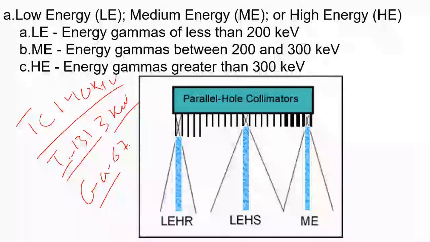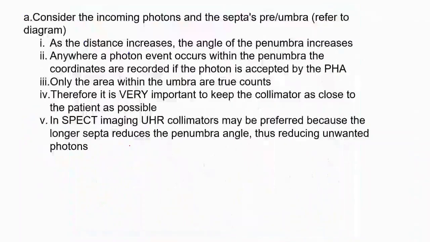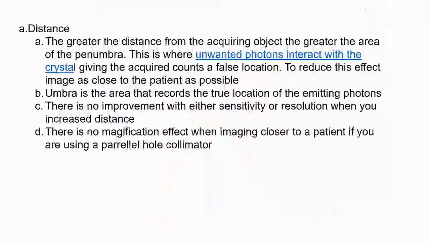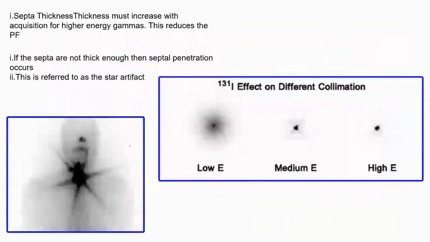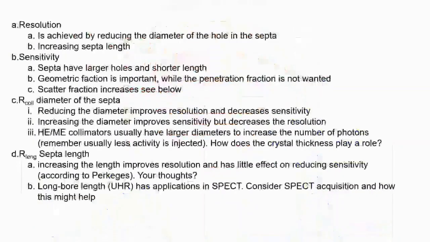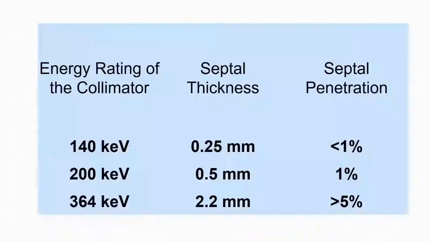So, what is the difference between low energy, high energy, and medium energy? The difference is quite simple in the design of the septa. I want to explain it to you.